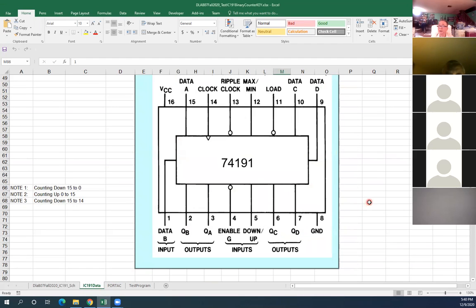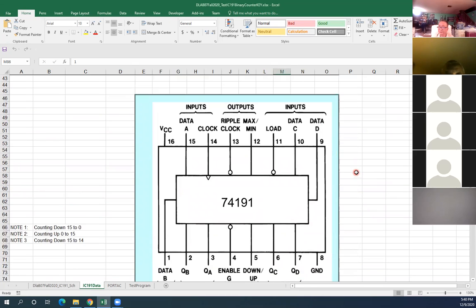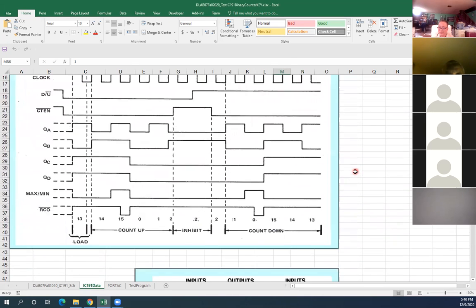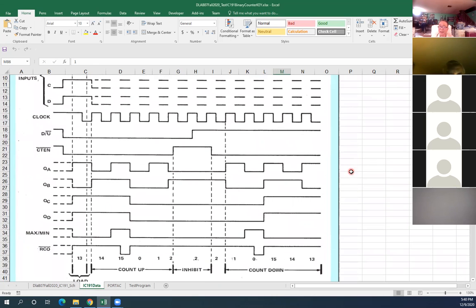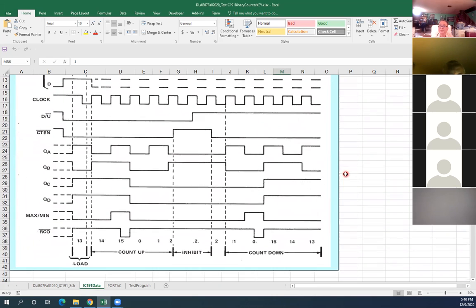So now you're looking at the data, 74191, and the timing here. Try to learn how to read the timing.